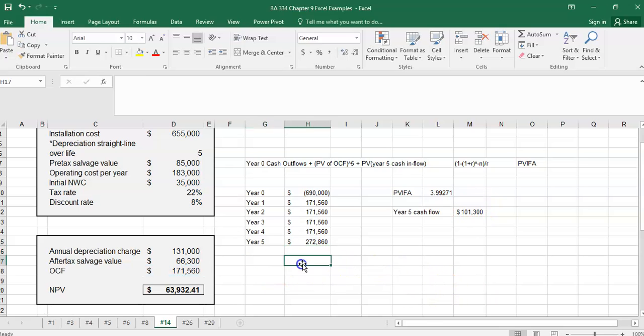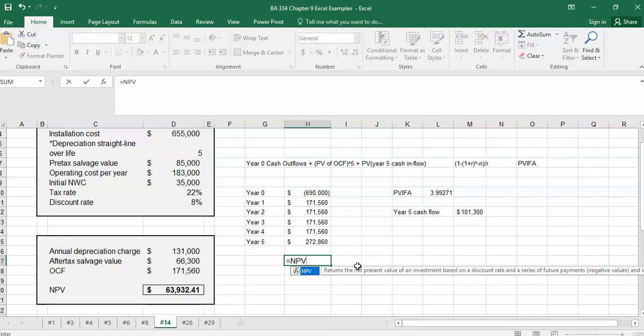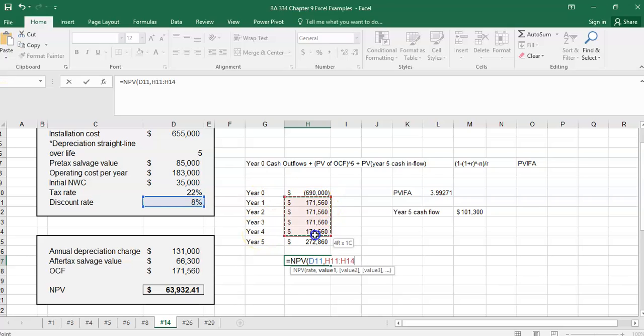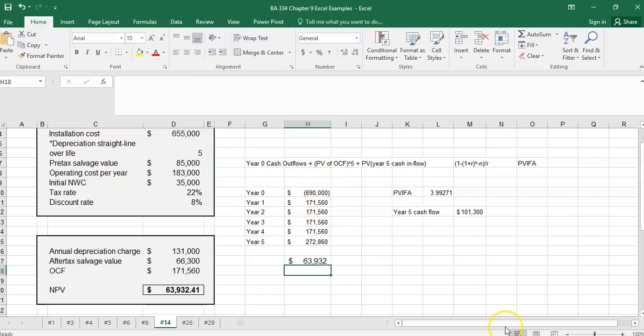Then you can just use your regular net present value formula with the rate and the values plus the year 0. And you can see that the calculation is the same. So it's just the difference between if we just want to calculate it with these numbers here or if we want to type everything out.